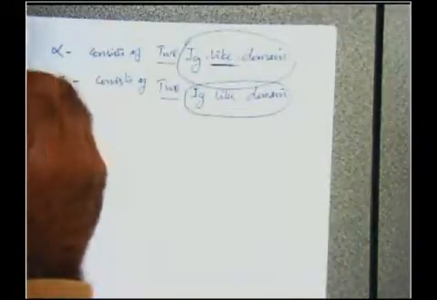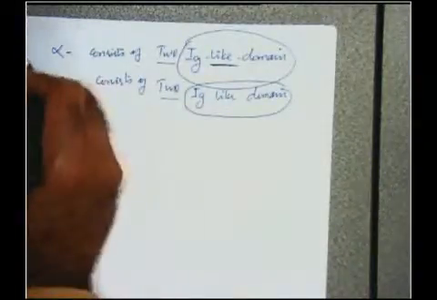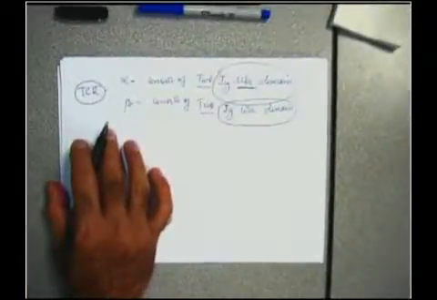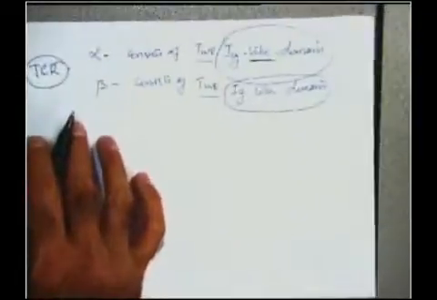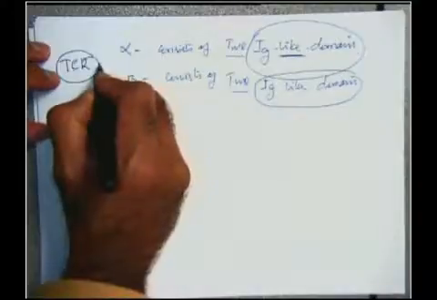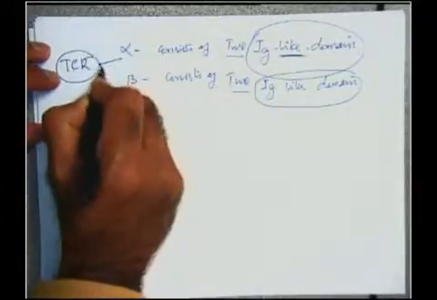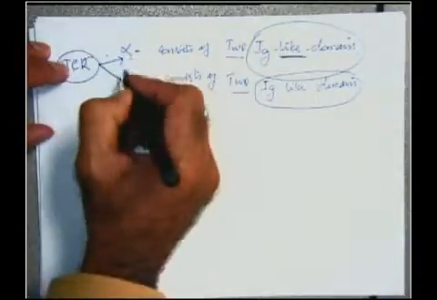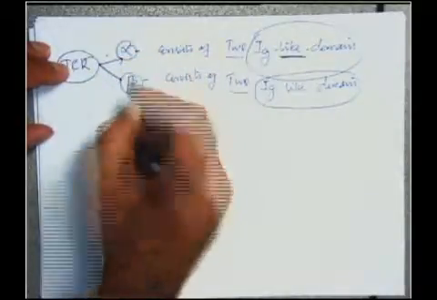So the TCR, the T cell receptor, is made up of two chains, otherwise we call it a transmembrane heterodimer. One is alpha, another one is beta.